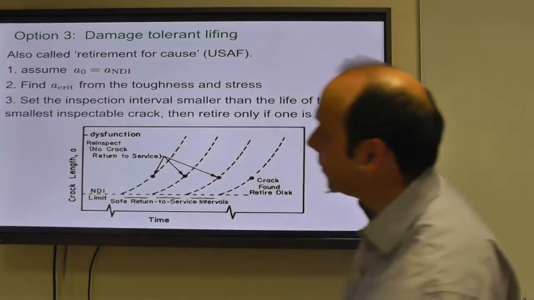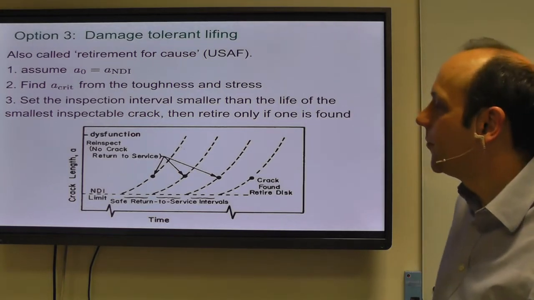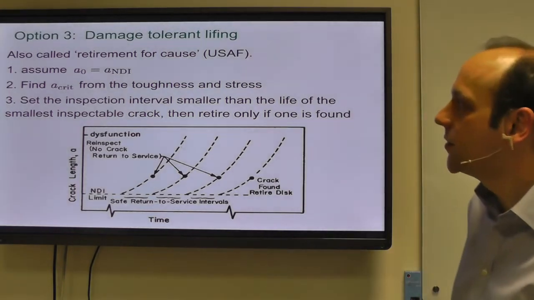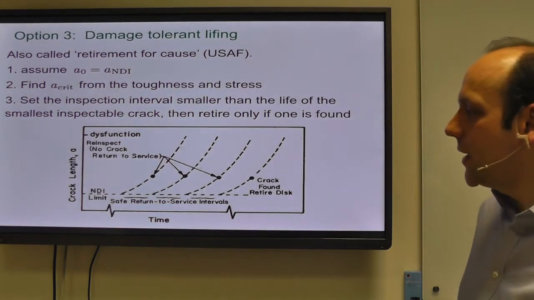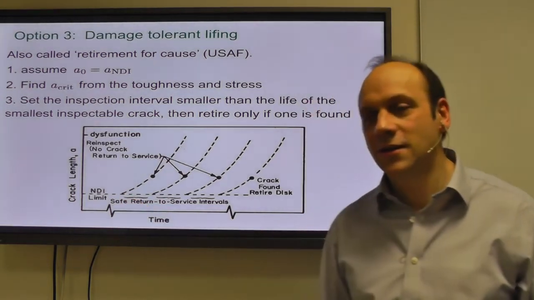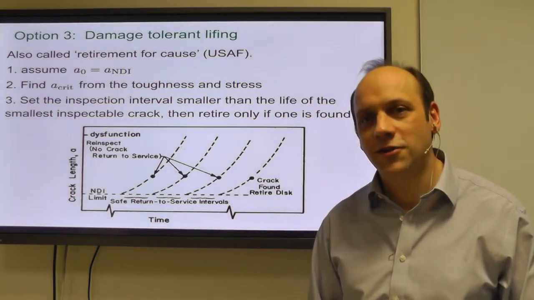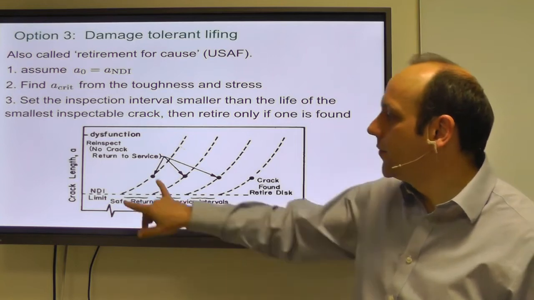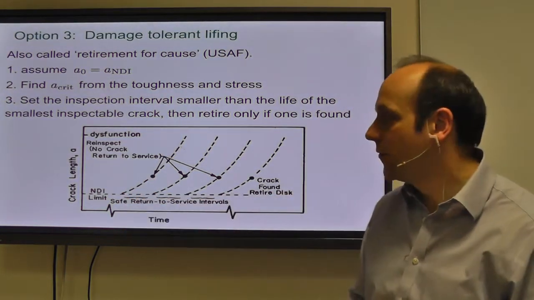And what we can then do, one option is what's called retirement for cause, or damage tolerant lifing. And this was pioneered by the US Air Force in the 90s on the F-15 fleet. The idea here is, if you assume that the initial crack size is the smallest crack that you couldn't quite see with non-destructive inspection, then you can find out what the life would be until you got to a crack that would fail.